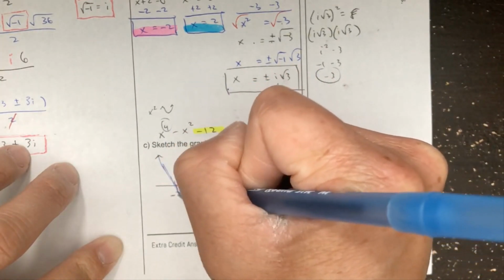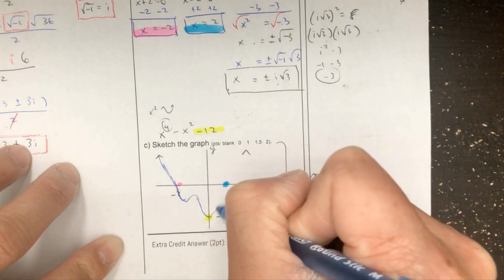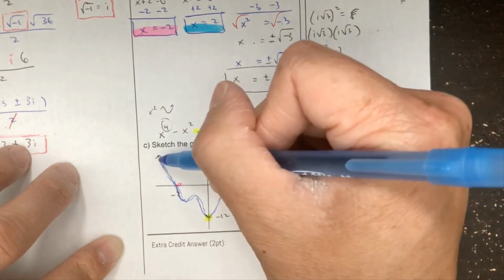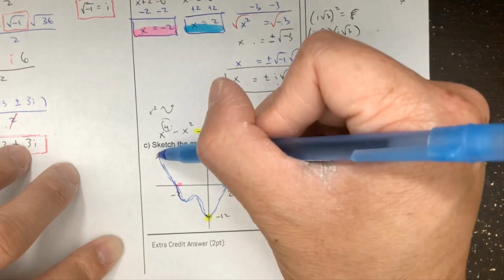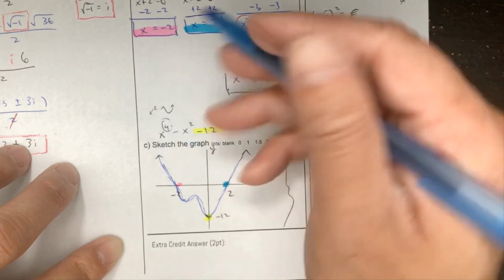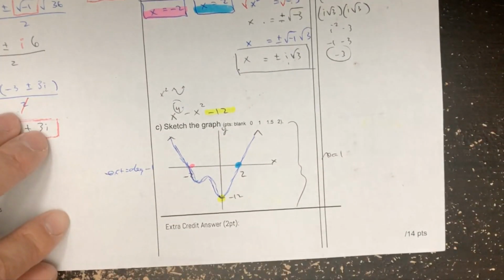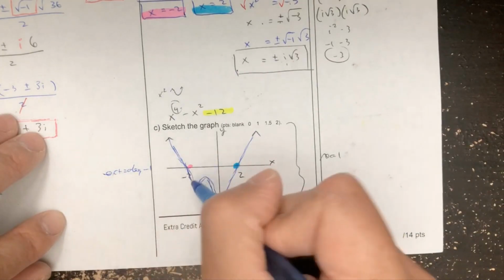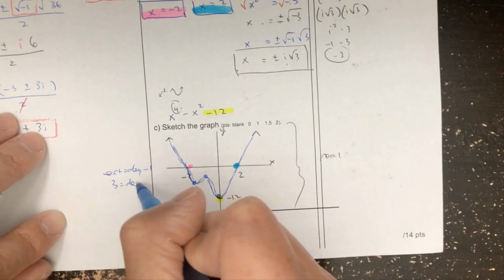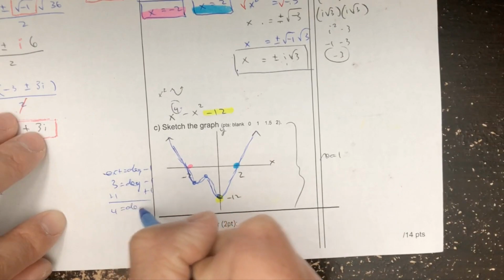Now I should show some kind of turning point or extrema there. Why is that the case? Remember, extrema equals degree minus 1. We learned that previously. So if I have 1, 2, 3 extrema, and you add 1 here, you get a 4th degree polynomial.